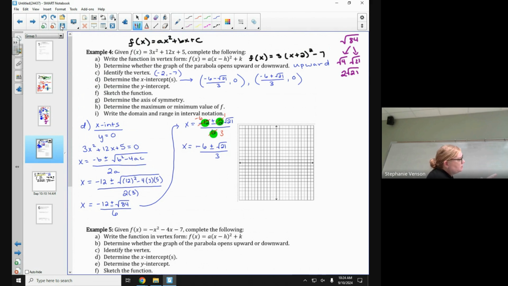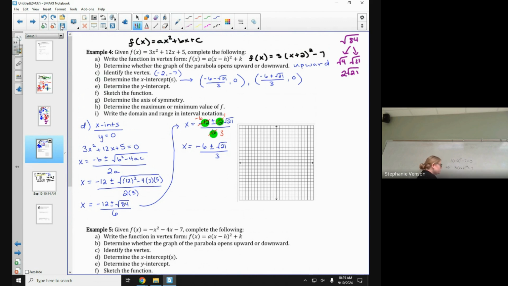So theoretically, I could do 3 times (x plus 2) squared minus 7 equals 0, and I could solve it that way, okay? If I did that, though, I would add 7 to both sides, so I would get 3 times (x plus 2) squared equals 7, right?